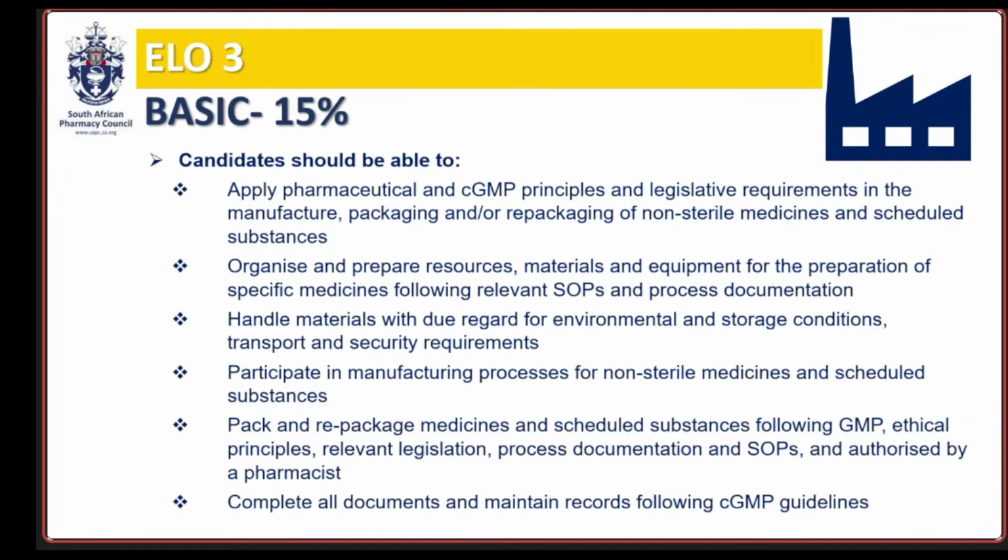Handle materials with due regard for environmental and storage conditions, transport and security requirements. Participate in manufacturing processes for non-sterile medicines and scheduled substances. Pack and repackage medicines and scheduled substances following GMP, ethical principles, relevant legislation, process documentation and SOPs, and authorized by a pharmacist. And complete all documents and maintain records following CGMP guidelines.